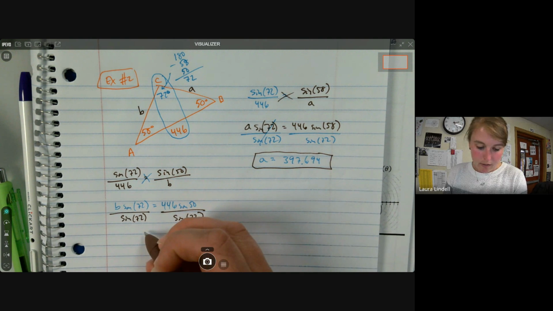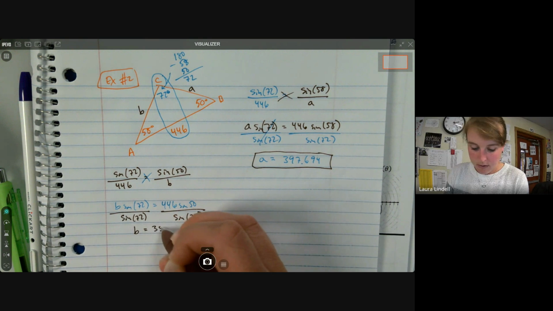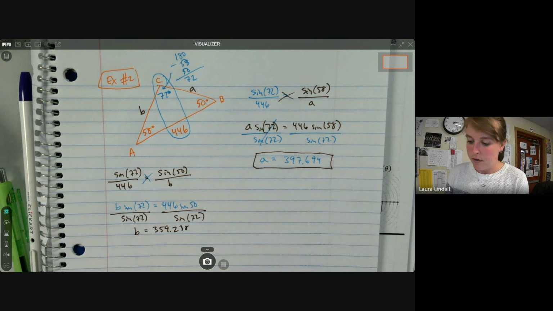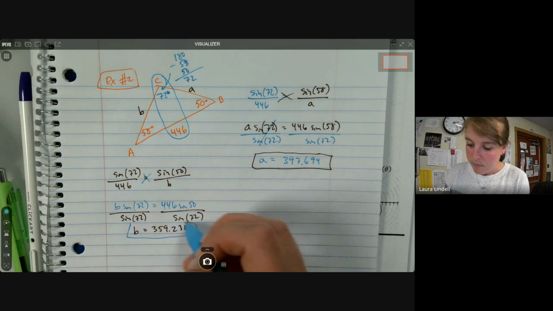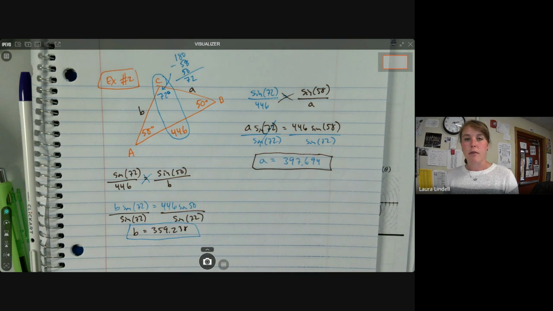We get 359.238. So that would be our last missing piece of the puzzle there. All right, so now we've done both types of law of sines, but really it's the same type. It's just recognizing the scenario that it can be used. Okay, that was law of sines.